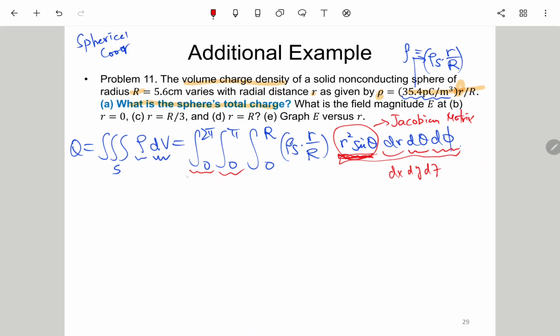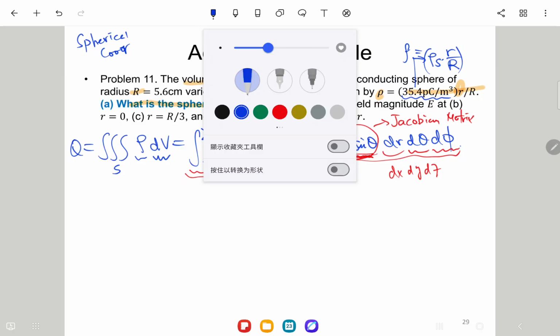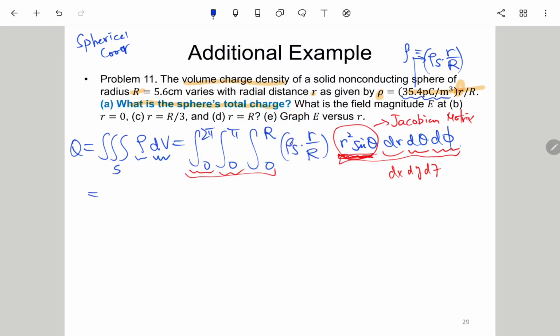So actually this triple integral looks very horrible, but all the variables are separable, so the integration is actually very easy. Let's say rho s and R are constant, so we can move them to the front.